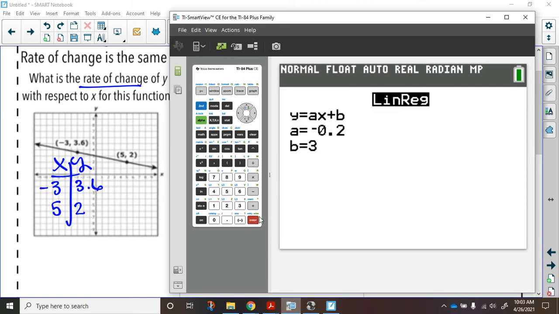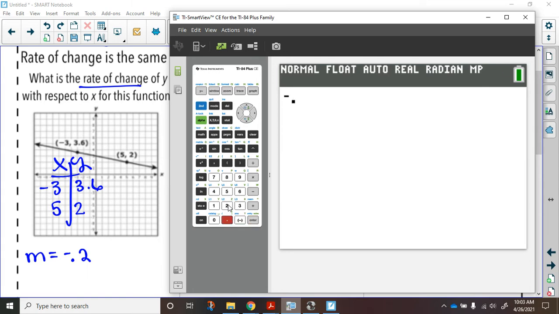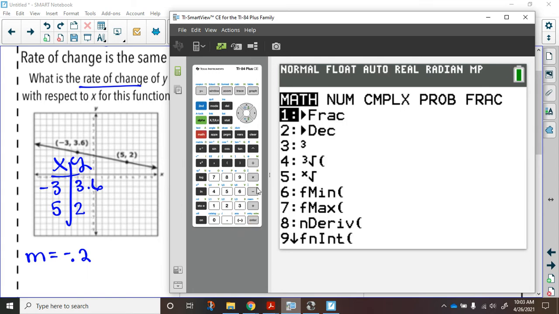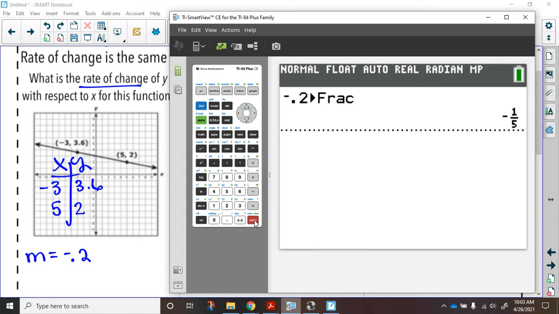And for this one, we get our slope is negative 0.2. And again, to refresh our memory, I'm going to transform this into a fraction. So we type in our decimal, negative 0.2. Math right here for number 1. Enter. And so negative 0.2 is the same as negative 1/5. And that would be our answer.